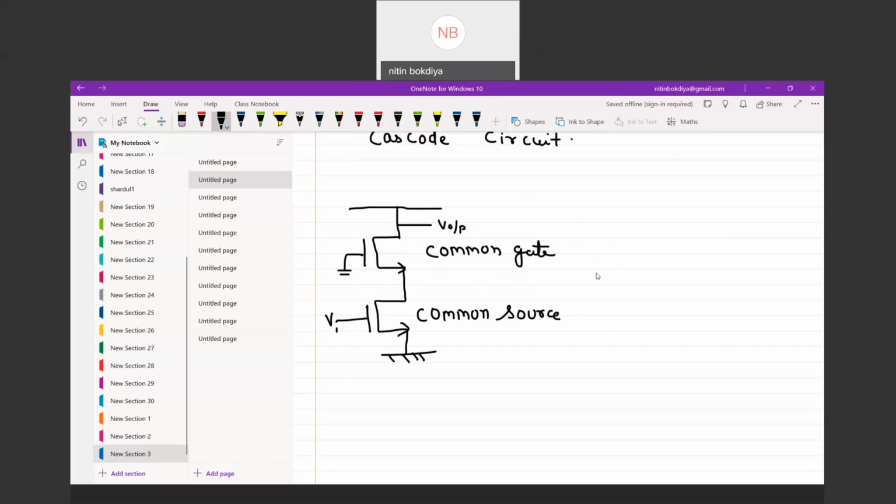You can analyze it in the same way. Make its small signal model too; the small signal model will solve the purpose.